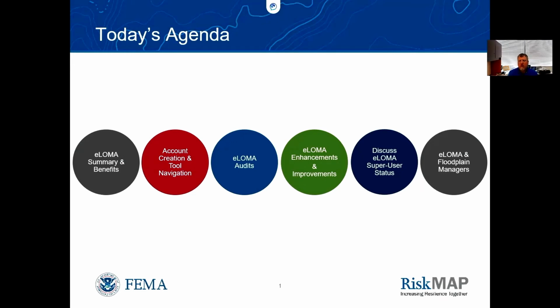We'll go over some of the enhancements that are planned for eLOMA and some of the improvements that we'd like to make to the tool. We'll discuss the eLOMA super user status, which is a very important part of the eLOMA tool and the process moving forward. And we'll also talk about how eLOMA affects floodplain managers and what floodplain managers can do to help FEMA with the eLOMA process.